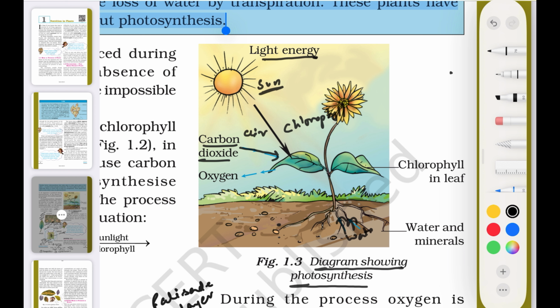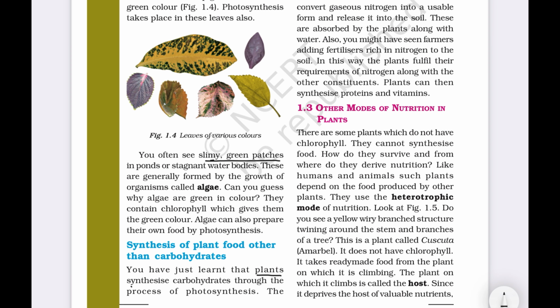You can see here water is also absorbed by roots, and then water further reaches to the leaf. Now, with the help of carbon dioxide and water and with the help of sun and chlorophyll, plants prepare their food. And when the food is prepared, oxygen is released. So we just discussed it.